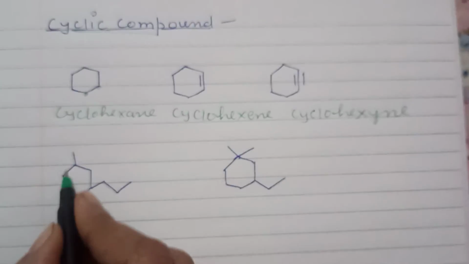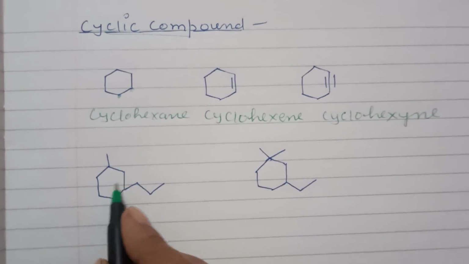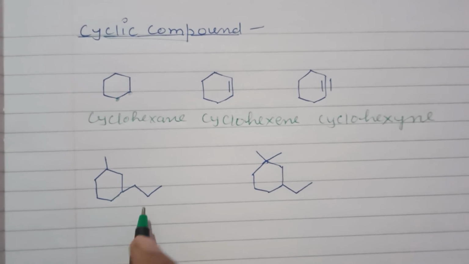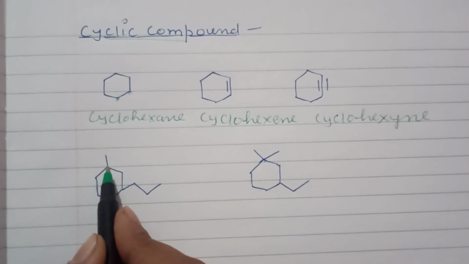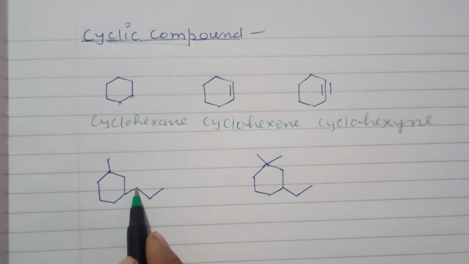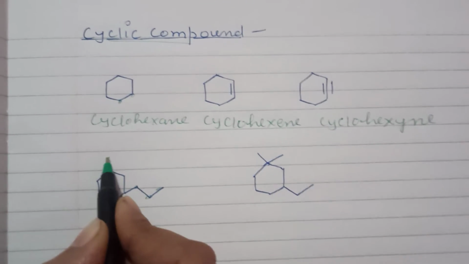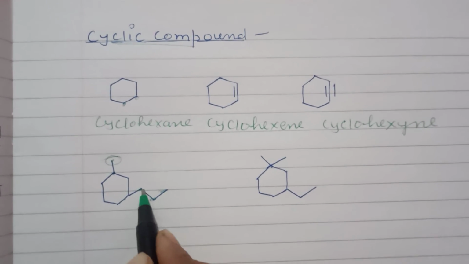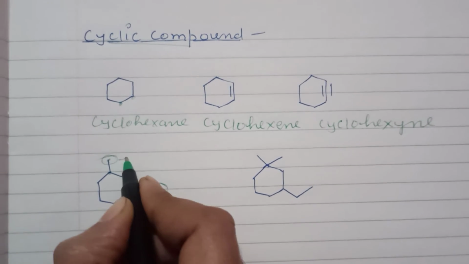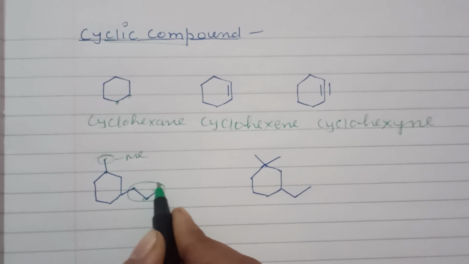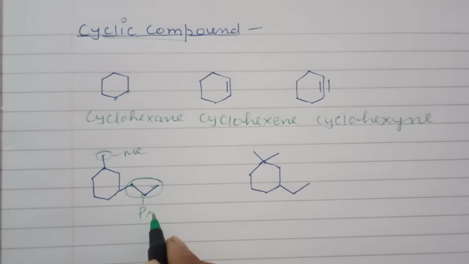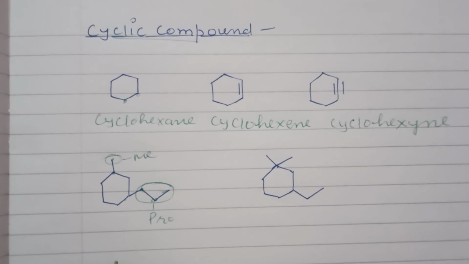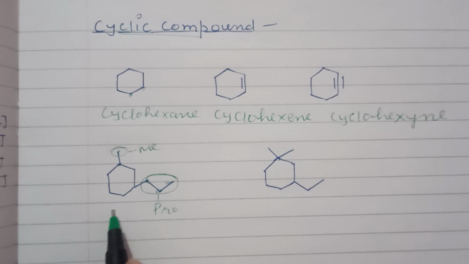Okay, let us come to this compound. If we talk about this compound, we are seeing that here 2 branches are present. Okay, this one is methyl group and this one is propyl group. So how you will name? You have to number this.